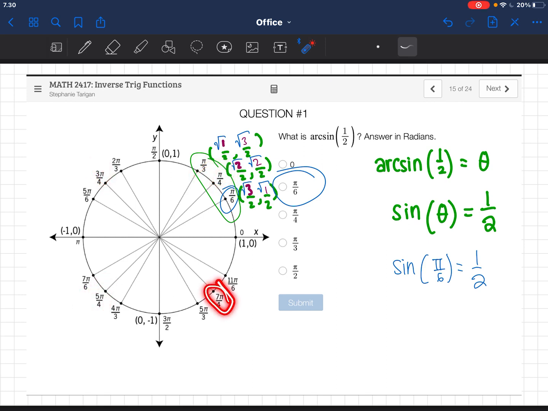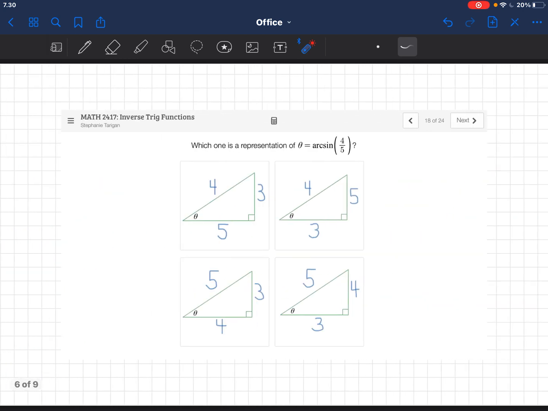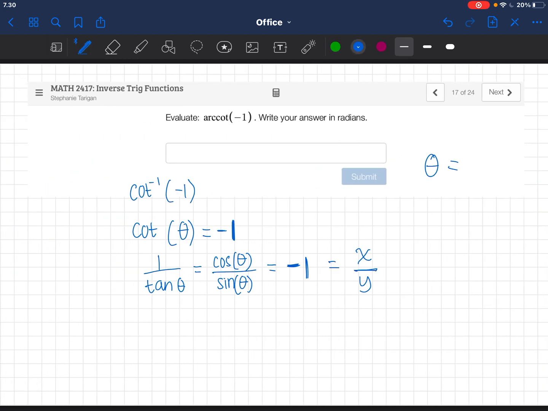Okay? Alright, so clue. I'm gonna put that clue for theta. It's a multiple of pi over 4. That's one of our clues.